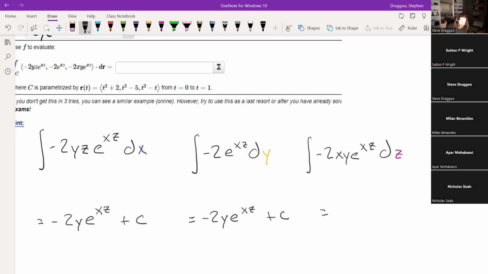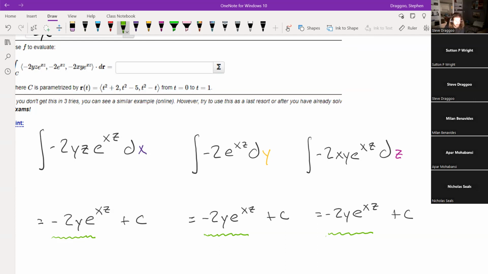And if I integrate the z function, I will again get negative 2y e to the xz plus c. Because I keep getting this same function, negative 2y e to the xz, that must be the original scalar function f that had the gradient that went to each of those three components.